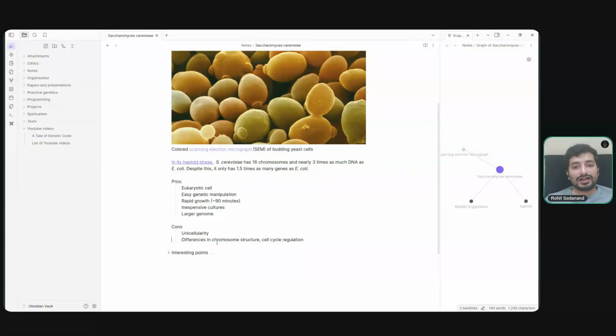And what is actually important is that the chromosomes are slightly different, especially the centromeres of yeast. They are somewhat different. In fact, the kinds of histones that are present in the centromeres, the way the cell cycle regulation takes place, the way the chromosomes separate, etc., they are different, and we might cover them in some future video.